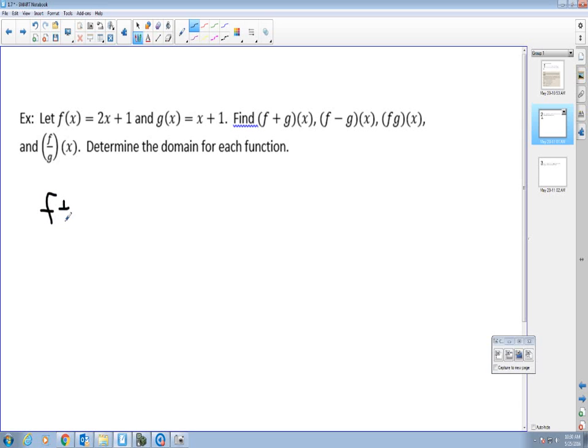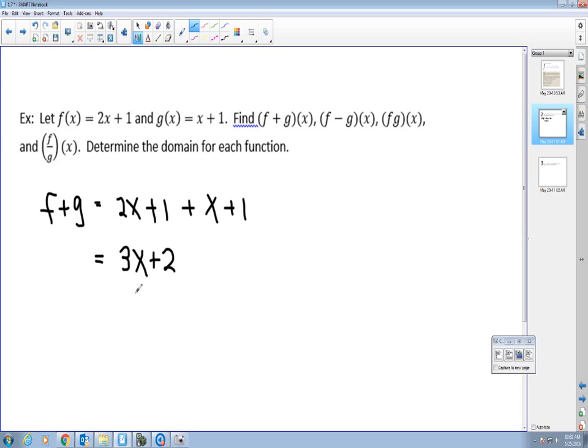It's actually pretty easy. If I want to add two functions, we take the first function 2x plus 1 and add on my second function g of x, and all I have to do here is combine like terms. 2x plus x is 3x, and 1 plus 1 is positive 2.